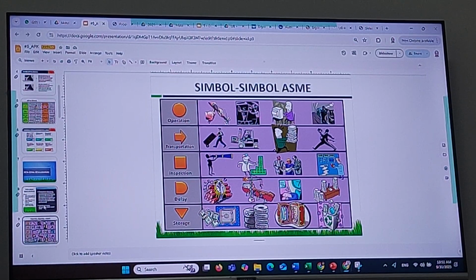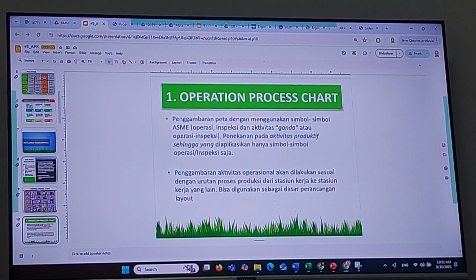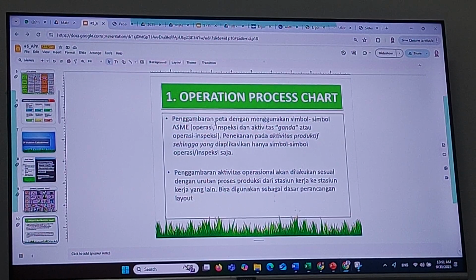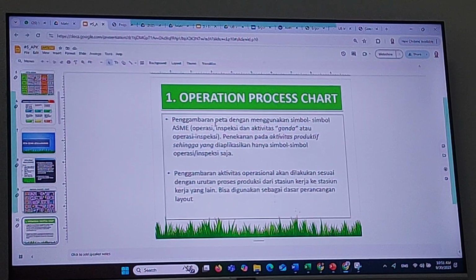But for each machine chart, each process map has different characteristics from the others. For the first, if we discuss OPC or operation process charts, sometimes we can find common symbols. For example, operation and inspection, and we can combine them into one, so the symbol could be like this.